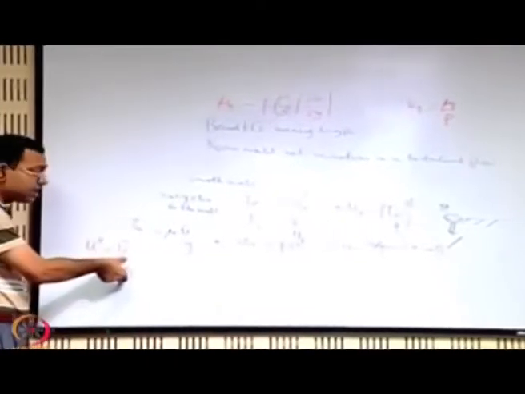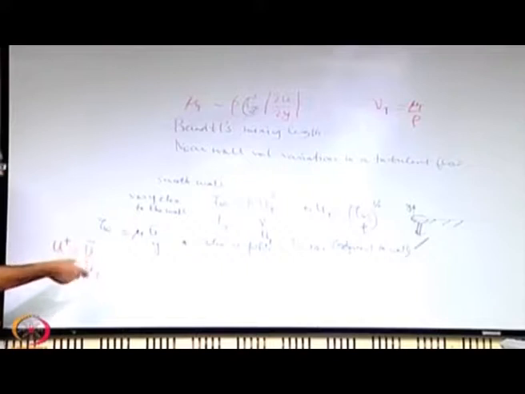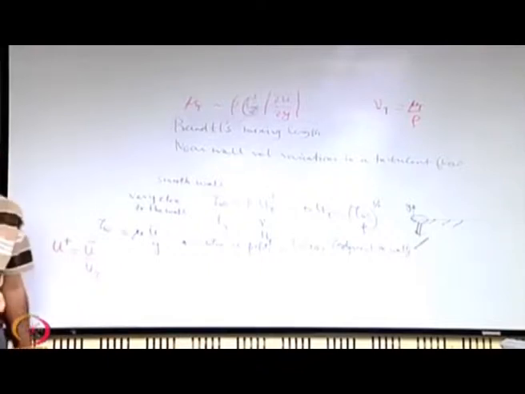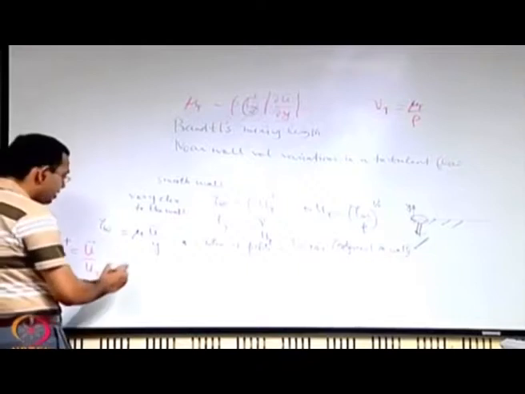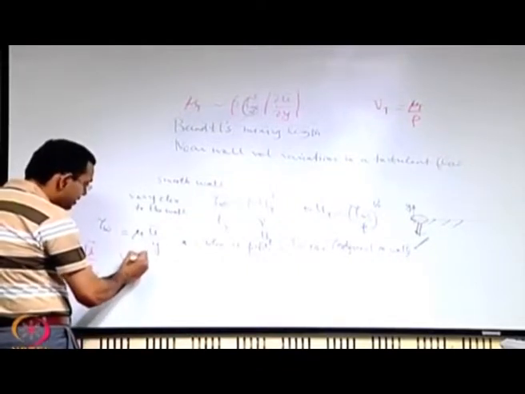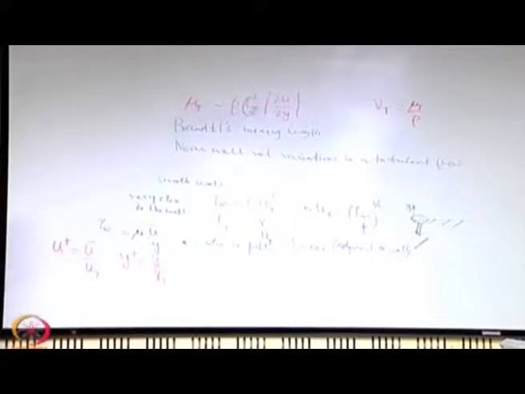This is a non-dimensional velocity. Always non-dimensionalize with the proper physical scale, because the scale gives the maximum value, so you expect this to vary between 0 and 1. When it is maximum it is 1, minimum it is 0. And y plus is y by y scale.